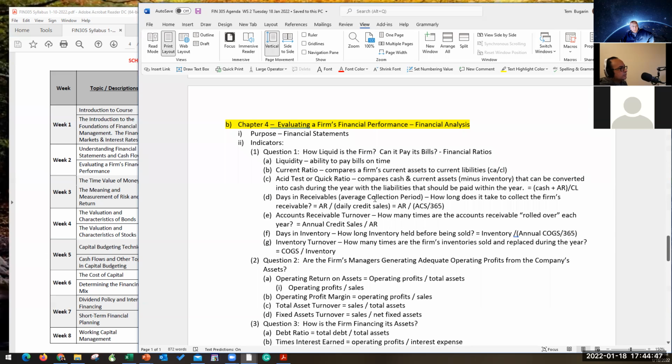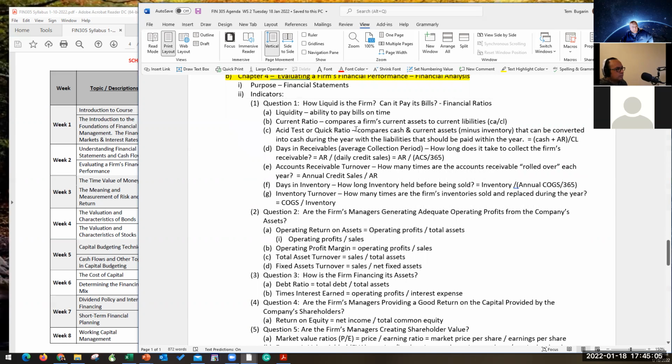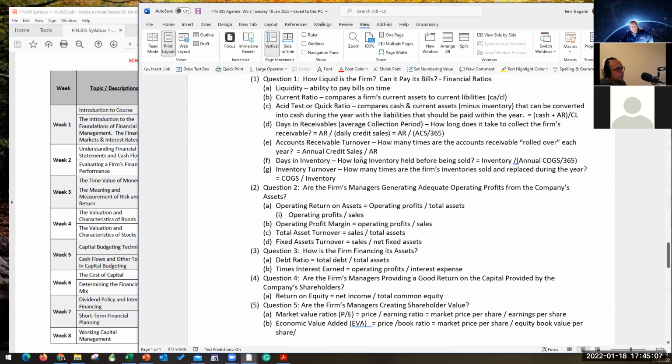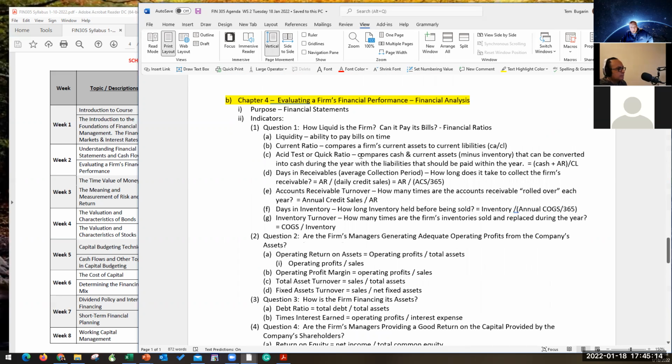So the question I might ask, I'll say, given a certain liquidity, current ratio, operating return on assets, debt ratio, market ratio. So given certain values for these type of ratios, the question is, assess the company's general financial performance, okay, based on the indicators I provide.